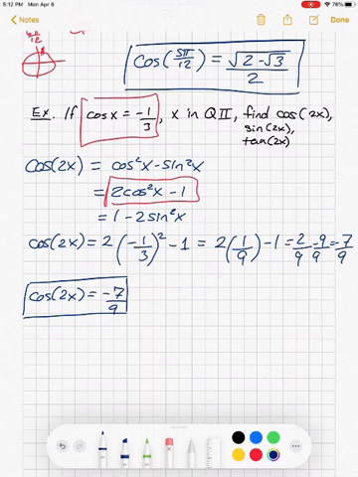There's that. Now I have a couple options. So I found cosine of 2x. So that one's done. Now I need sine of 2x.